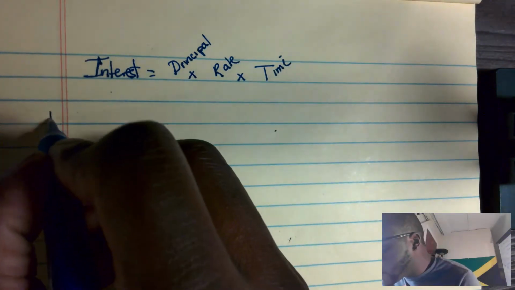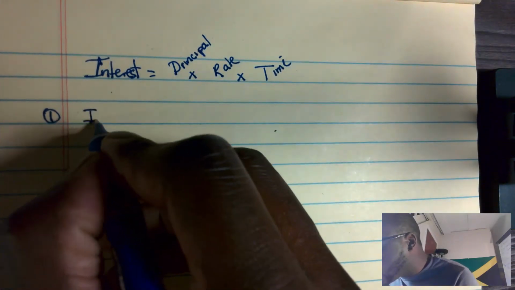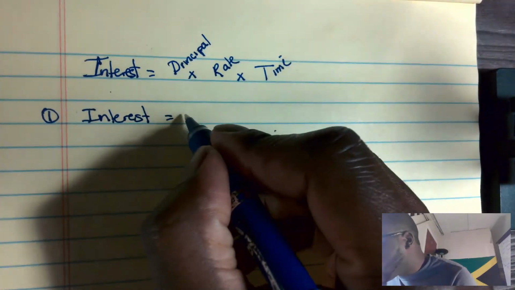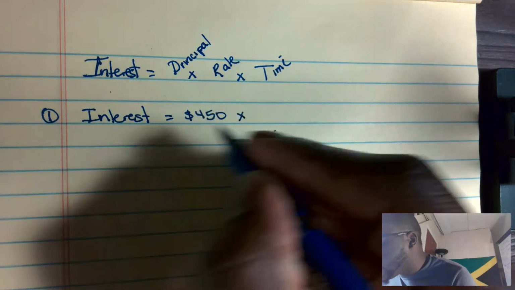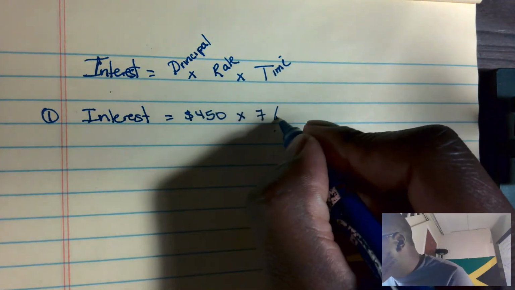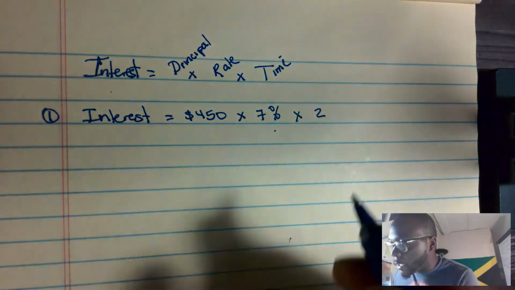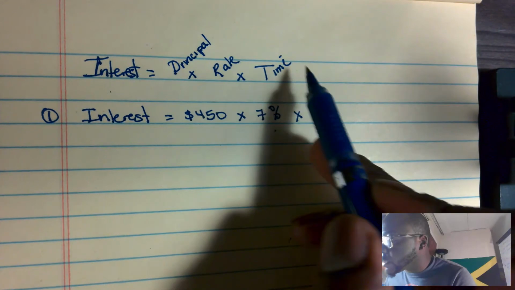By looking at number 1, I realize that I'm trying to find the interest, and I know that the principal is 450, the rate is 7%, and the time is 2 years. Remember, when we spoke about time, we said that time should always be expressed in years.